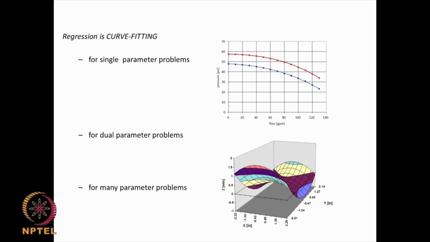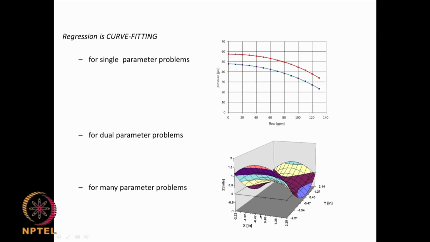If it is a second order model, I may say pressure is equal to A plus B flow plus C flow square. So, when I fit the data, I can estimate A, B, C. So, in this particular case I may think it is not a linear, it is a non-linear. So, I will take A plus B flow plus C flow square.